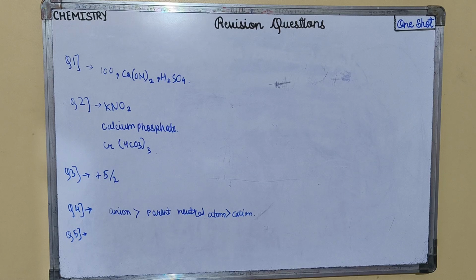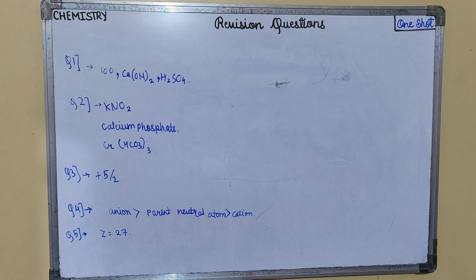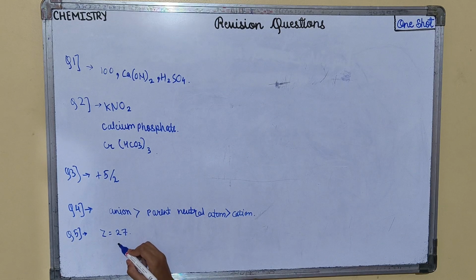Then fifth question is the element with atomic number 27 is placed in which group? Atomic number is given 27. We know that to find the group, the number of electronic configurations last digit, last shell number will be the group number.